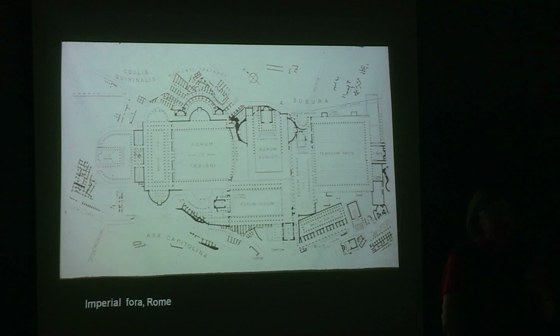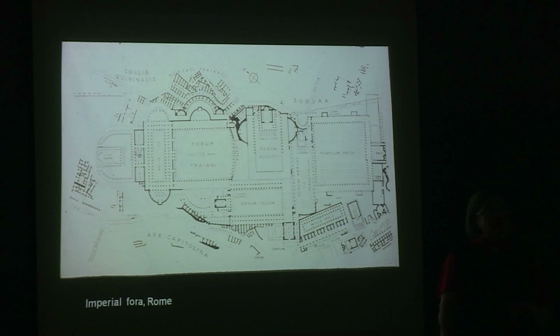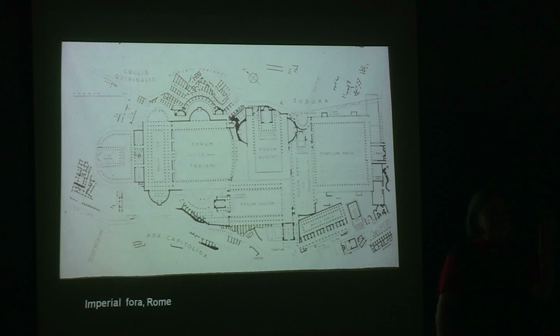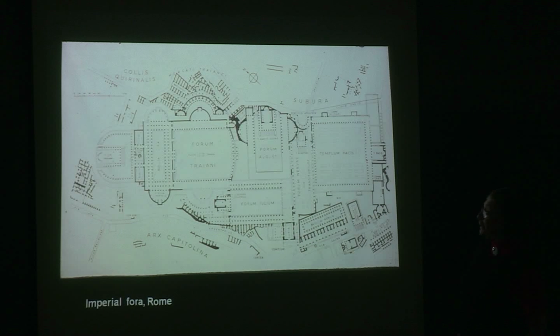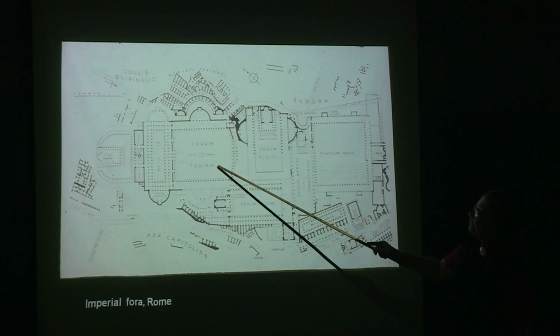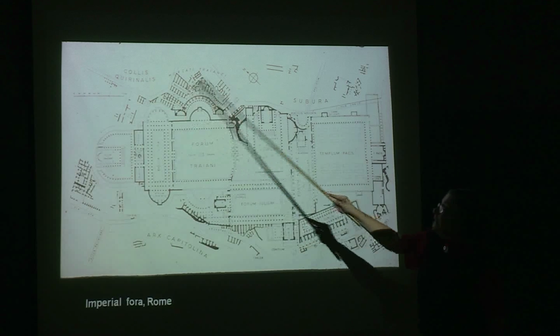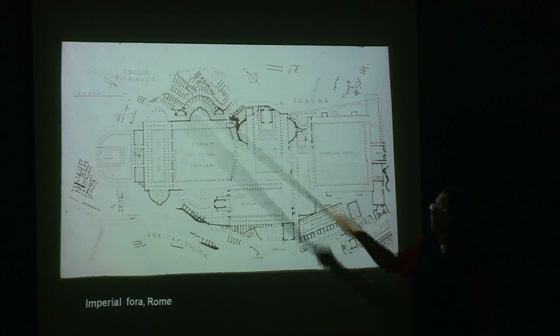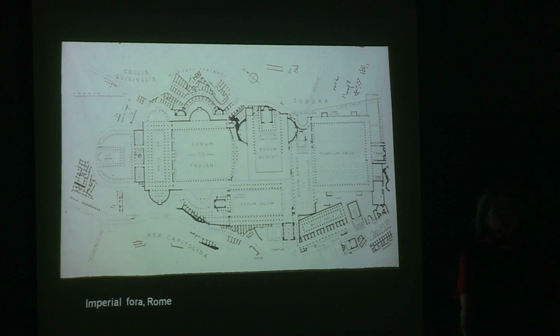The experimentation and the full flowering of the pozzolana is relegated to the markets of Trajan, which was a new central distribution of resources coming in from various parts of the empire.